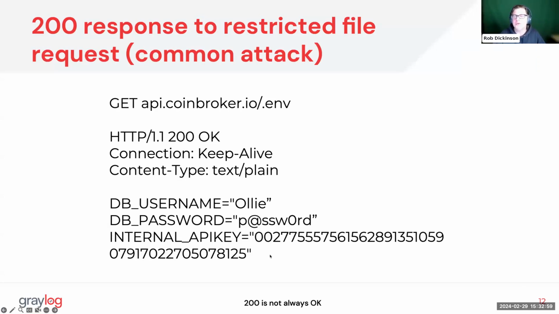But that is absolutely not okay from a security perspective. That is a very serious response. And you need to know what data was leaked. You need to know what are the keys that need to be changed and things like that to go with those attacks. So 200, absolutely not okay.